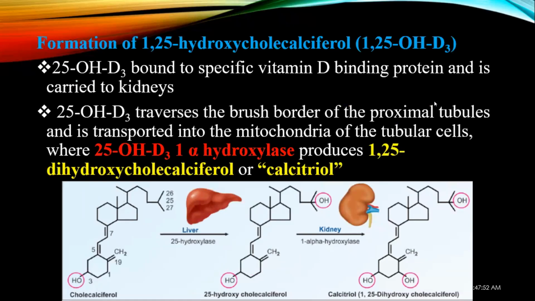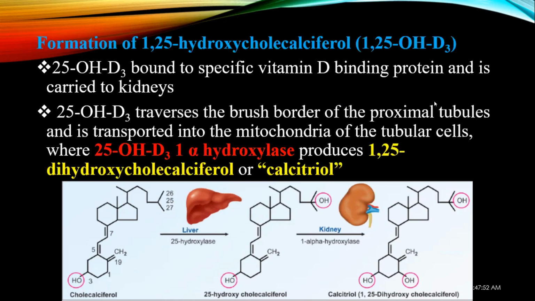The full name is 25 hydroxy cholecalciferol 1 alpha hydroxylase. It adds another hydroxyl group on the first carbon to form 1,25 dihydroxy cholecalciferol or calcitriol.